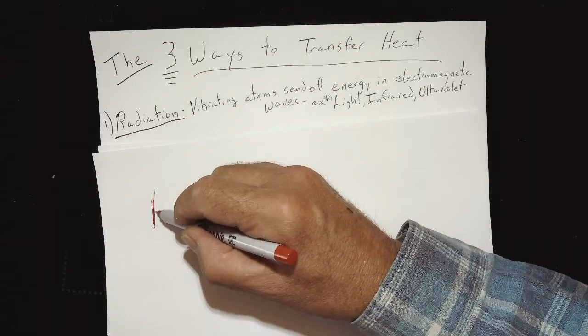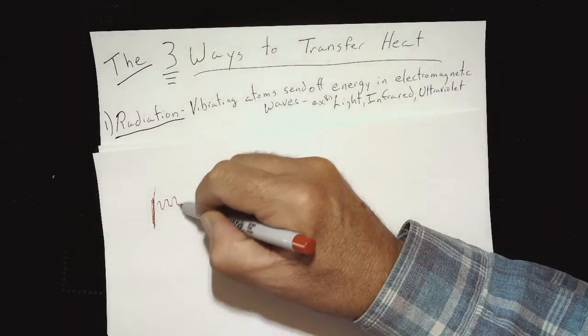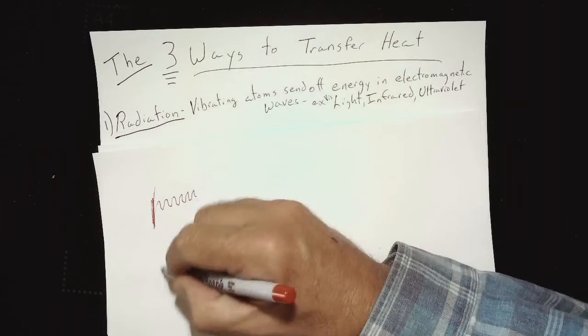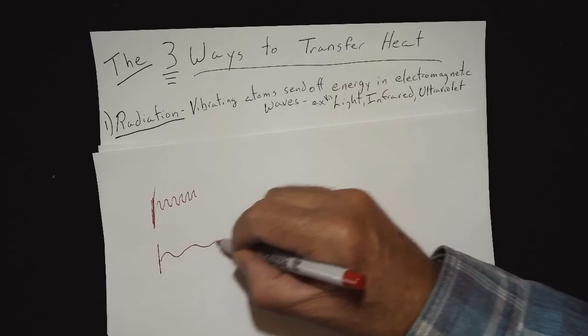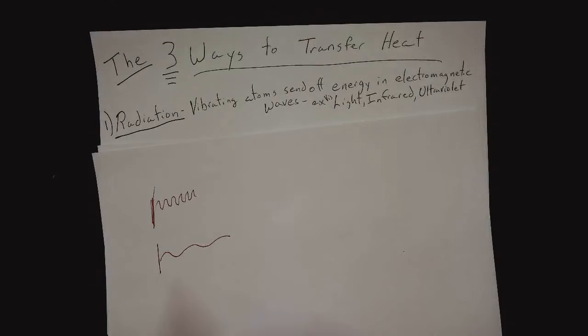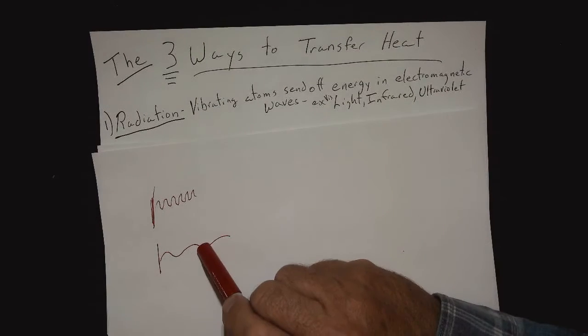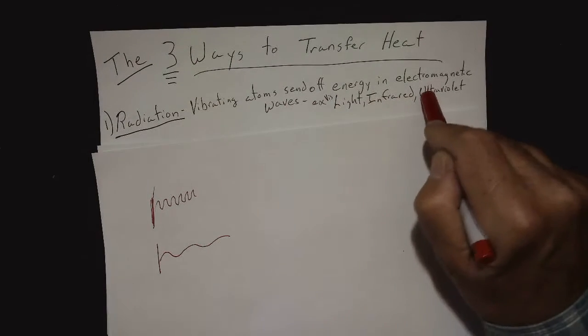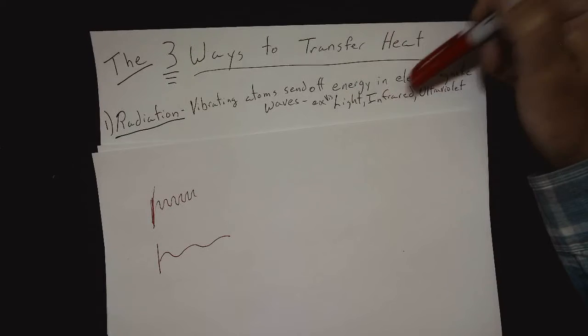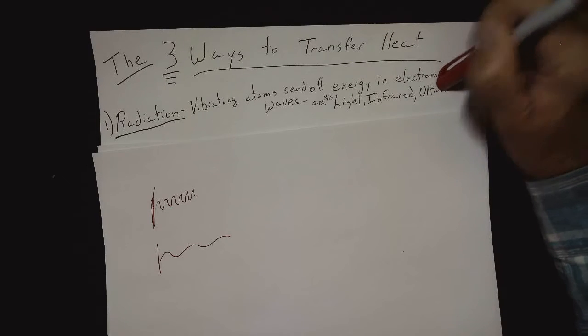If it's vibrating fast, the waves it gives out are shorter waves. If it's vibrating slower, the waves it gives out are longer waves. In any case, it's giving off some of its energy in radiation. So vibrating atoms send off energy in electromagnetic waves. Example would be light, infrared, ultraviolet.